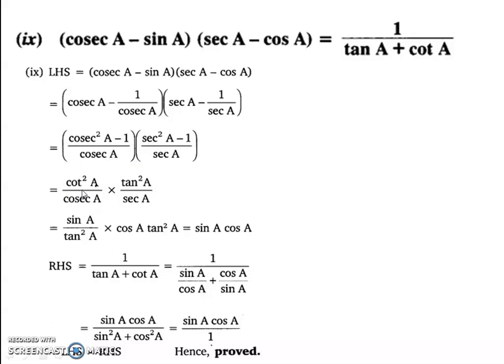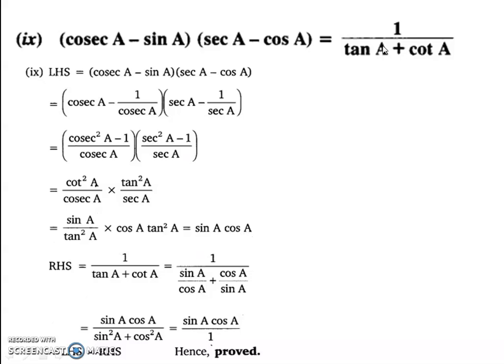Yes, it is cot square A. Sec square A minus 1 is tan square A. Now we got cot square A by cosec A into tan square A by sec A. Okay. Now you will get it as cos A by sin A... it is equal to sin A into cos A.